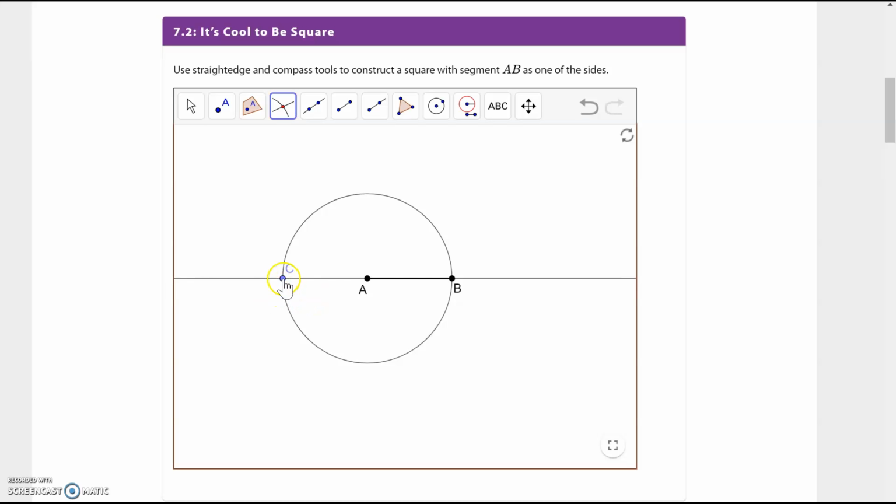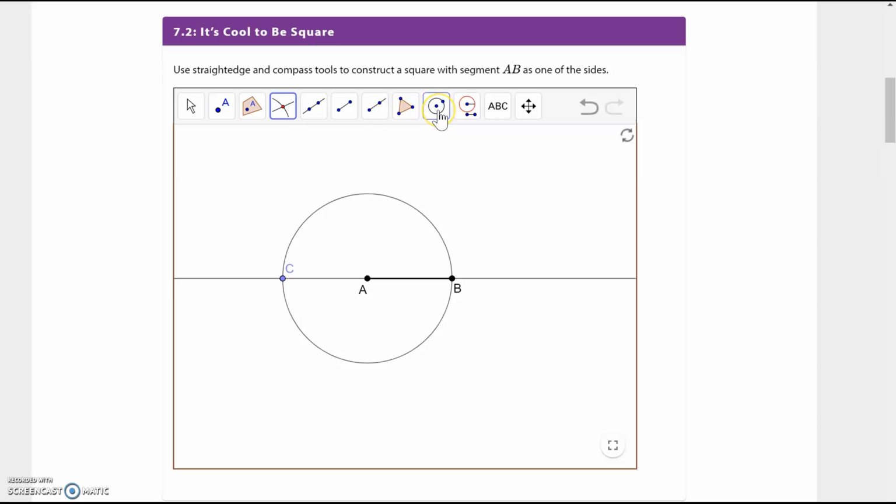So now I've drawn this circle centered at A with radius AB, and I know that segment CA is the same length as segment BA, so A is the midpoint. So if I can draw a perpendicular bisector now of CB, this diameter, then I know that my angle here will be 90 degrees.